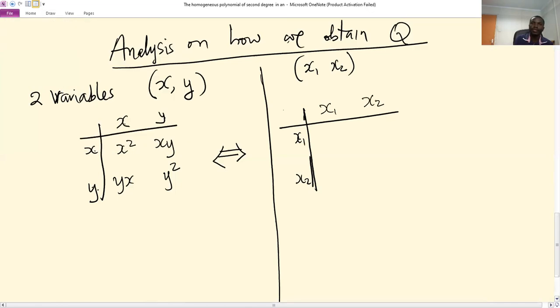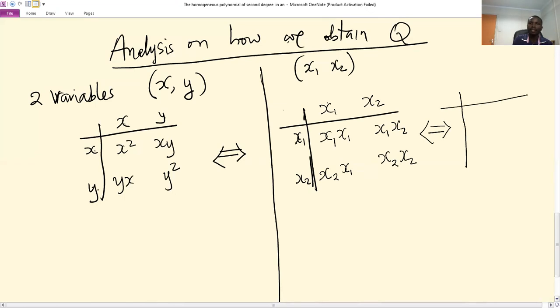So x1 by x1 is x1 squared, x1 by x2 is x1x2, x2 by x1 is x2x1, and x2 by x2 is x2 squared.